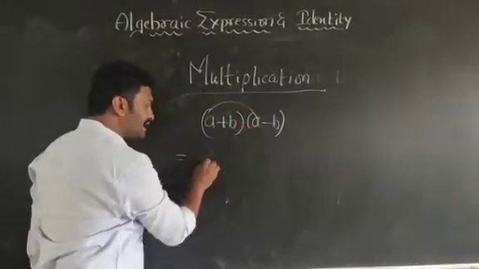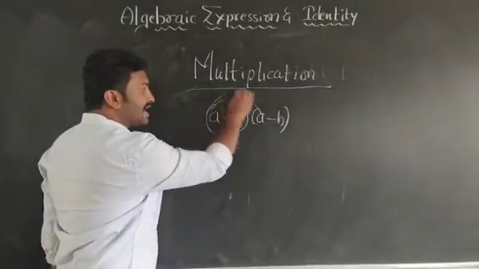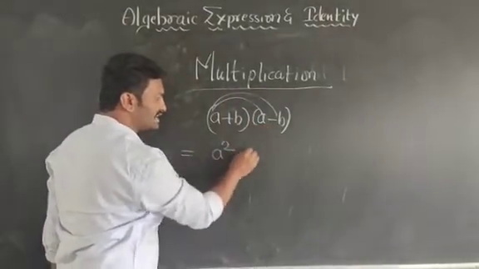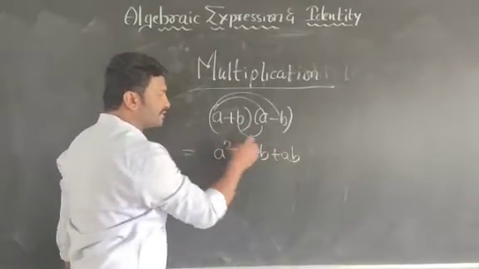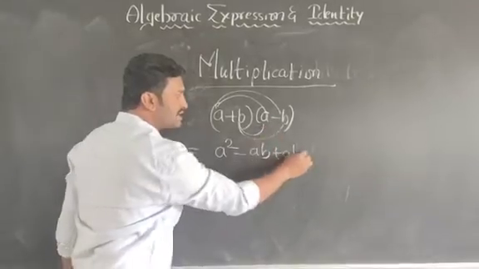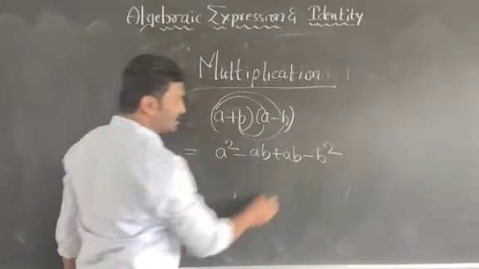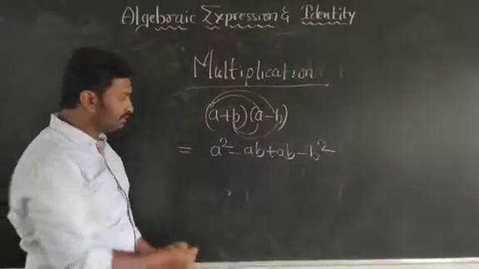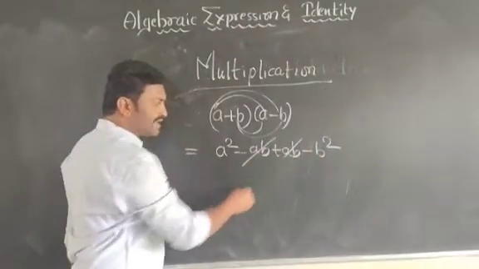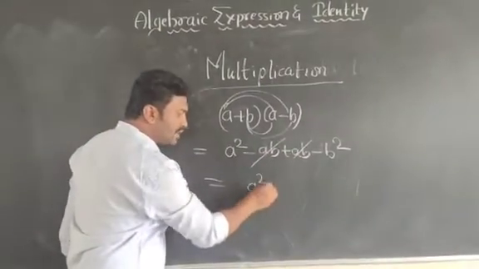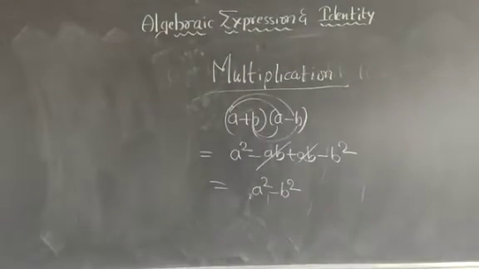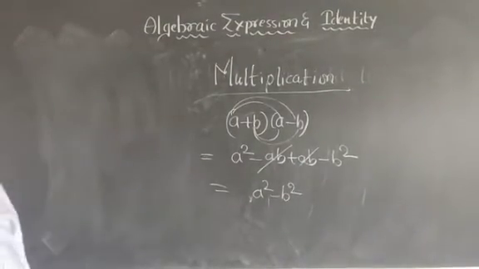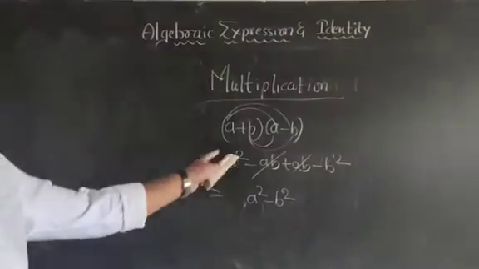First, a into a, a square. a into b, here the minus sign is there, minus ab. b into a, plus ab, and b into minus b, minus b square. Now you solve. Minus ab plus ab cancels. What remains? a square minus b square. This is the way to find the multiplication of binomial and binomial.